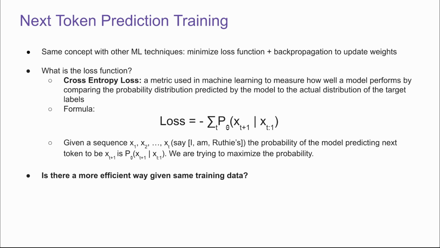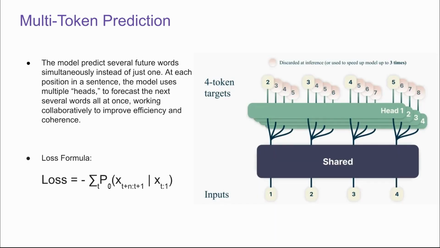But is there a more efficient way, like using the same training data? The answer is yes. So let's take a look at multi-token prediction. This is a paper done by FAIR, which is a research lab from Meta. So they are trying to predict multiple tokens at a time.